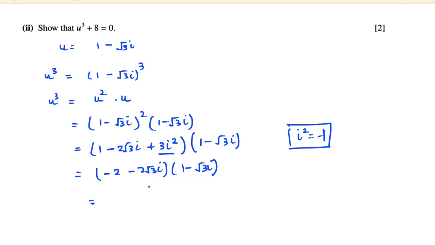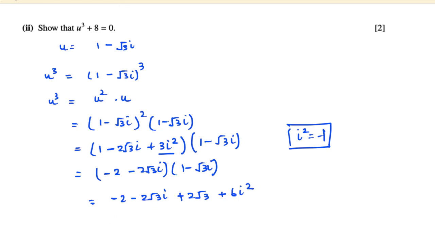When we multiply by 1, we get negative 2 root 3 i, and when you multiply by negative root 3 i, this gives you positive 2 root 3 i, and this gives you again positive, root 3 into root 3 is 3, 3 into 2 is 6 i squared.